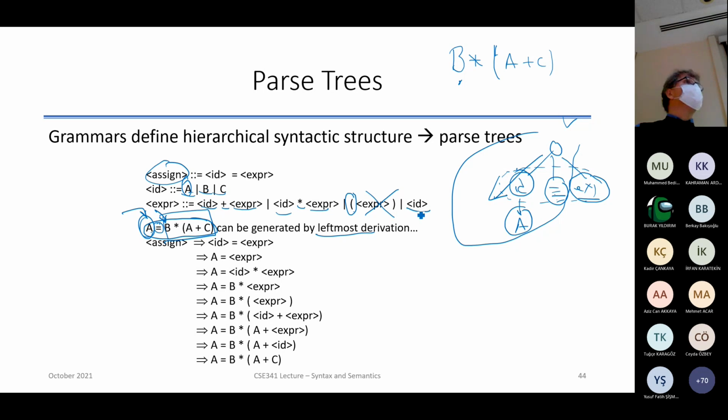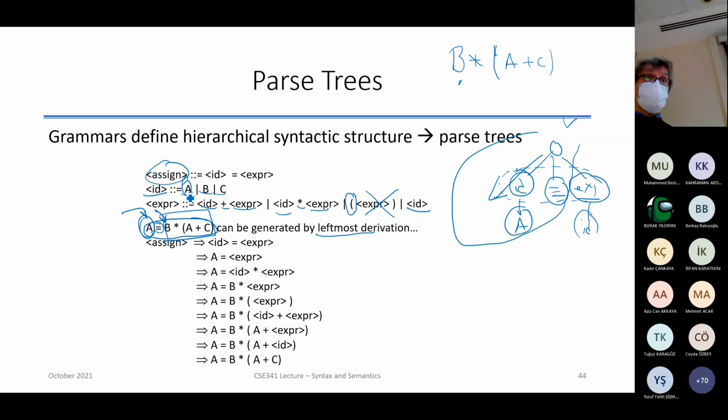Can it be ID? If you look one ahead, you can say that. Why? You say, okay, if this is an ID, it can be an ID. But I'm looking ahead and say, okay, hey, let's look at ID.